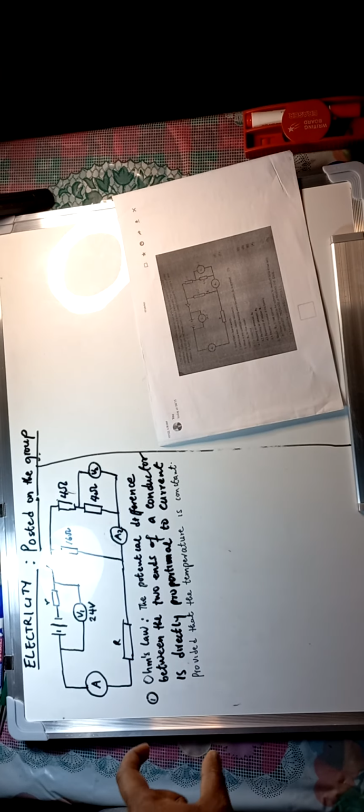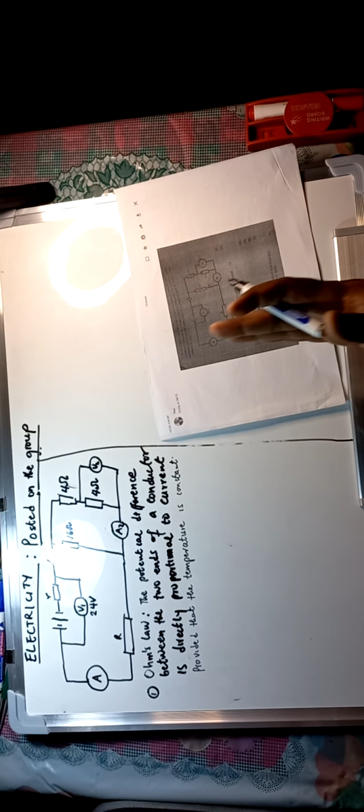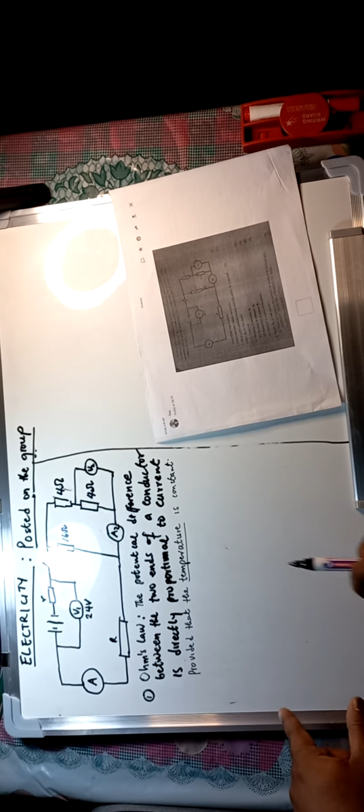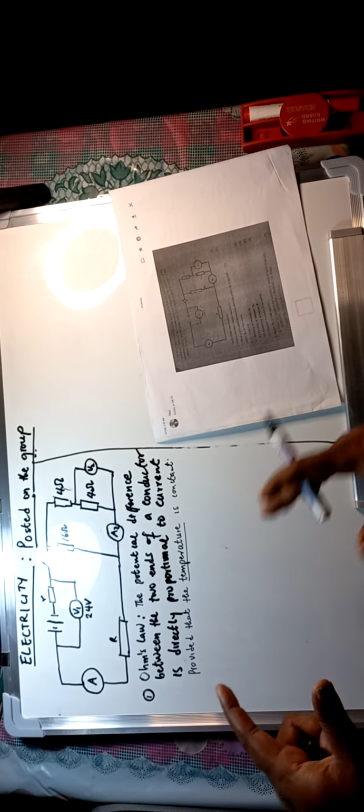And under here, let's just get some facts which you need from this. Potential difference between the two ends of a conductor is directly proportional to the current, provided that the temperature is constant. We should remember that the temperature is constant because we don't want to change the resistance, because in some materials, an increase in temperature will lead to an increase in resistance.